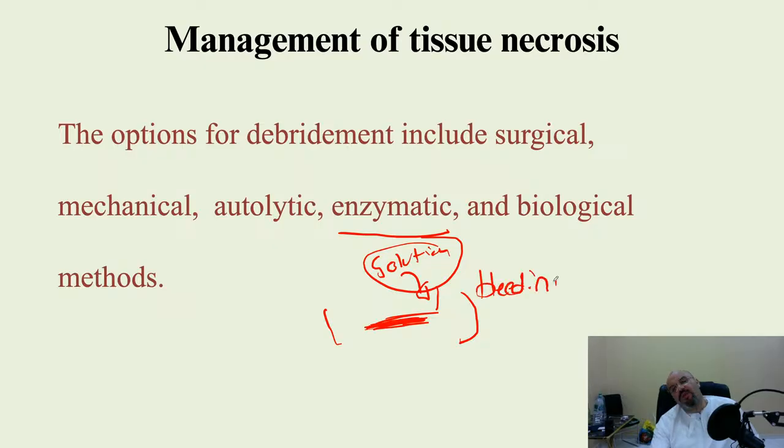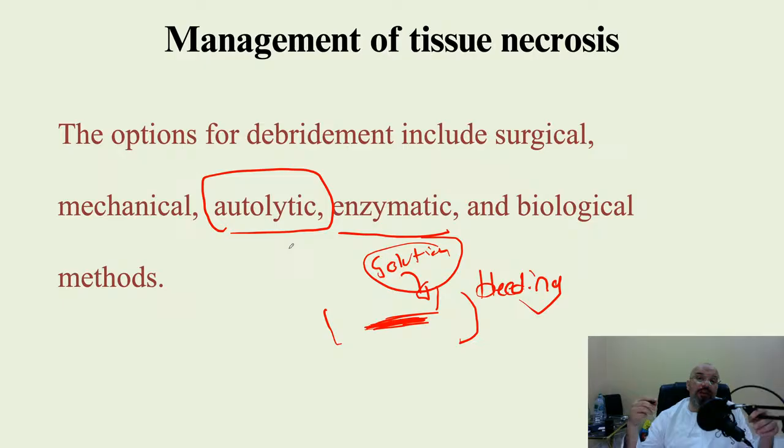What if we use autolytic debridement? What is autolytic debridement? They say we should learn from the body itself. How does the body deal with this unwanted tissue? It increases the amount of exudate. So what is the exudate doing? By its nature, more than 80% of this exudate is just water, with 20% of something else.